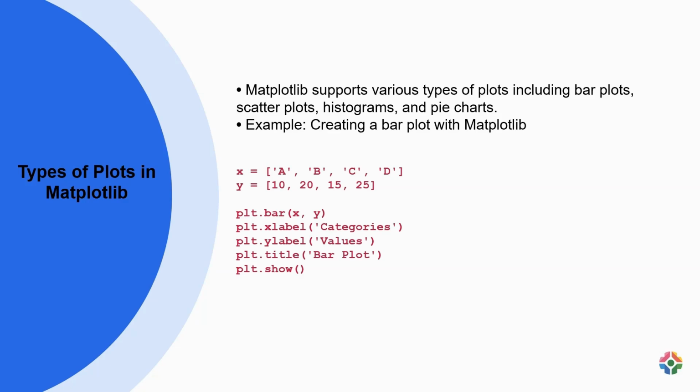Customizations such as labeling the x-axis with plt.xlabel, the y-axis with plt.ylabel, and setting a title with plt.title enhance the plot's clarity. Finally, the plot is displayed with plt.show. This allows data analysts to effectively visualize categorical data, like sales figures of different products or survey responses across various demographics, aiding in data interpretation and making informed decisions.